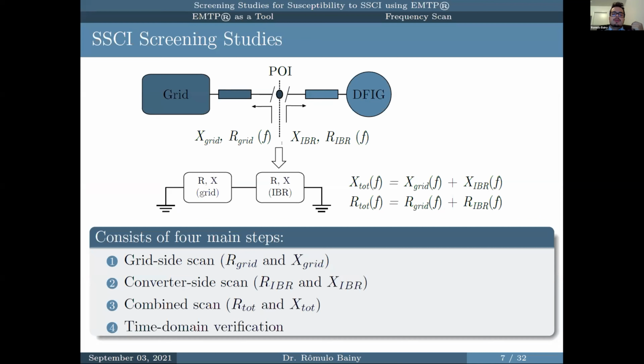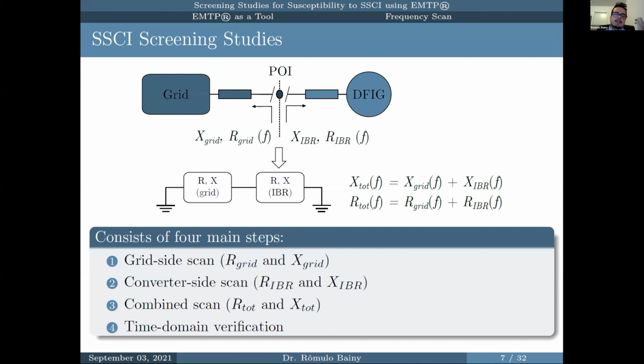Then you do the same thing, but this time a time domain frequency scan, adding the harmonic frequencies that you want to study. With that, you can calculate both the impedance of the wind park side and the impedance of the grid side, and then combine them by summing, so you get the X total and the R total of your system.